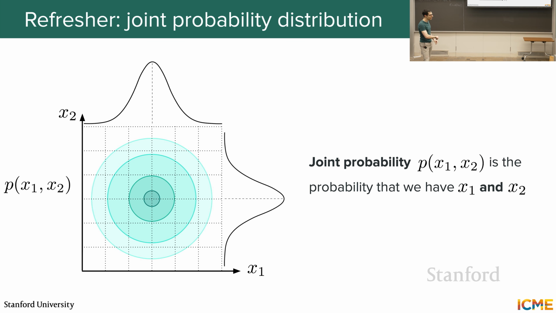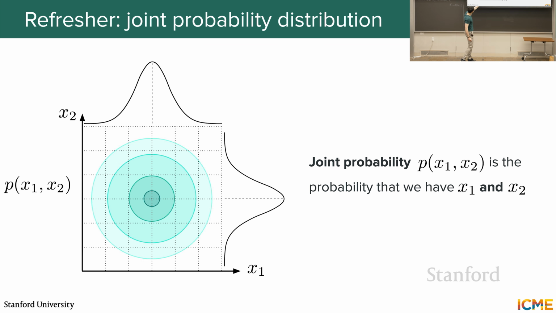And in practice, when you have a joint probability distribution, one way you can represent it is through a heat map. So here you have your two axes, one along x1, the other along x2.